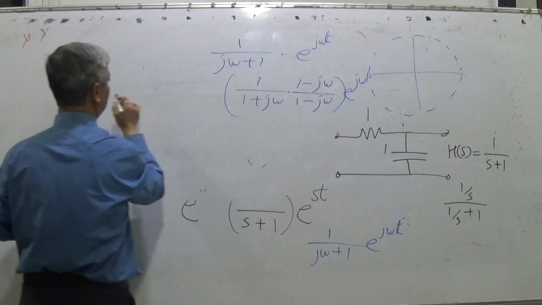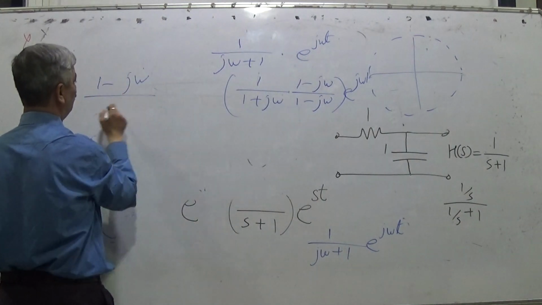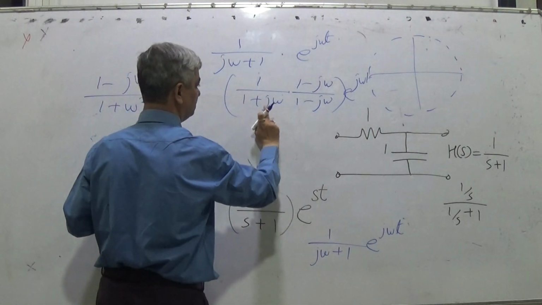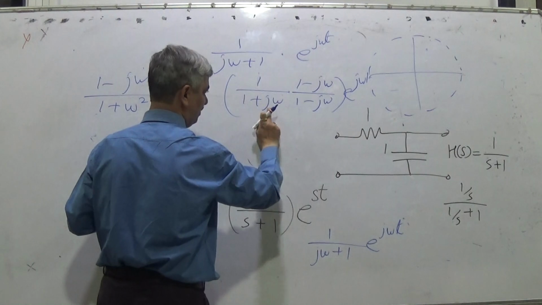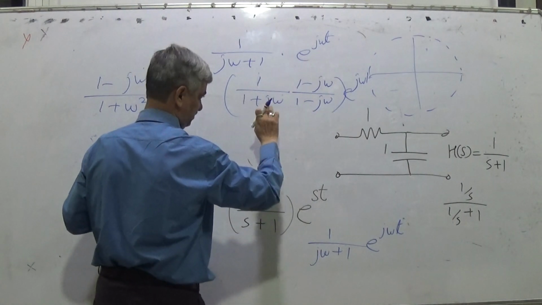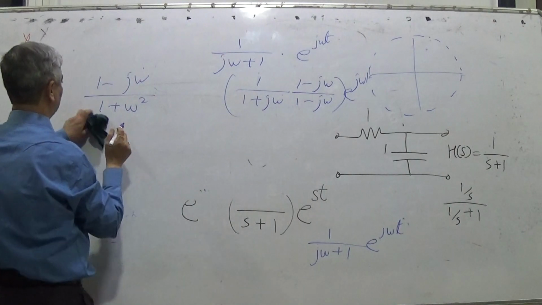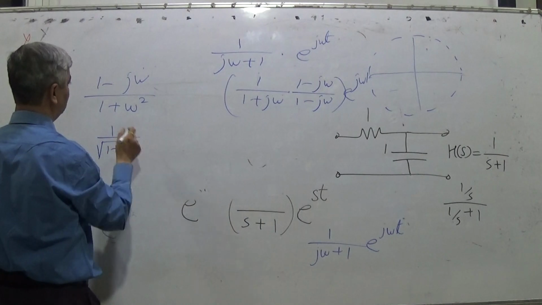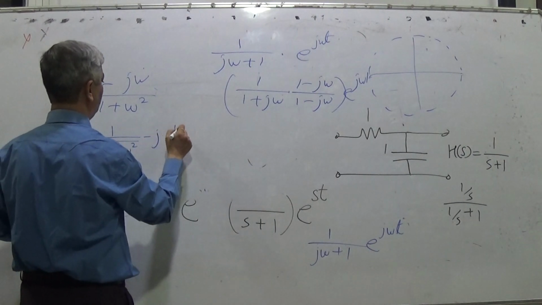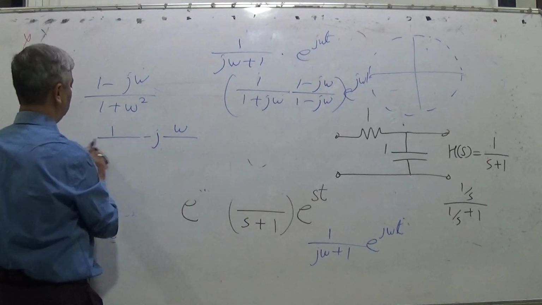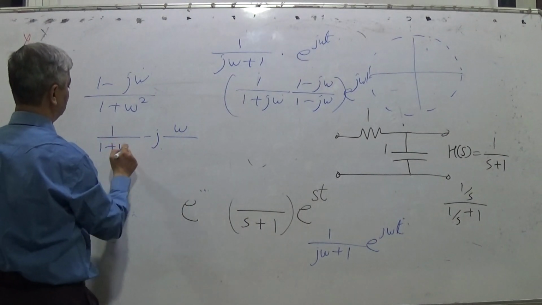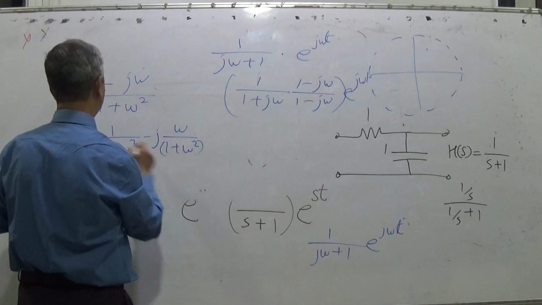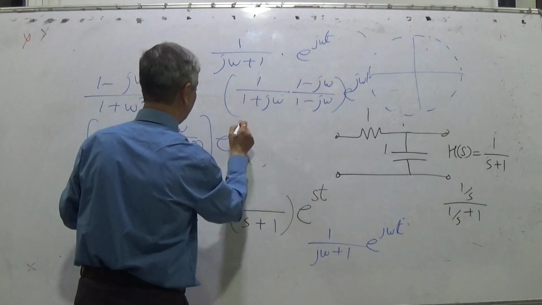So that is 1 minus j omega upon 1 plus omega square, since plus j omega minus j omega cancel, and minus j square is plus 1. So this is 1 upon 1 plus omega square minus j into omega upon 1 plus omega square, into e raised to j omega t.